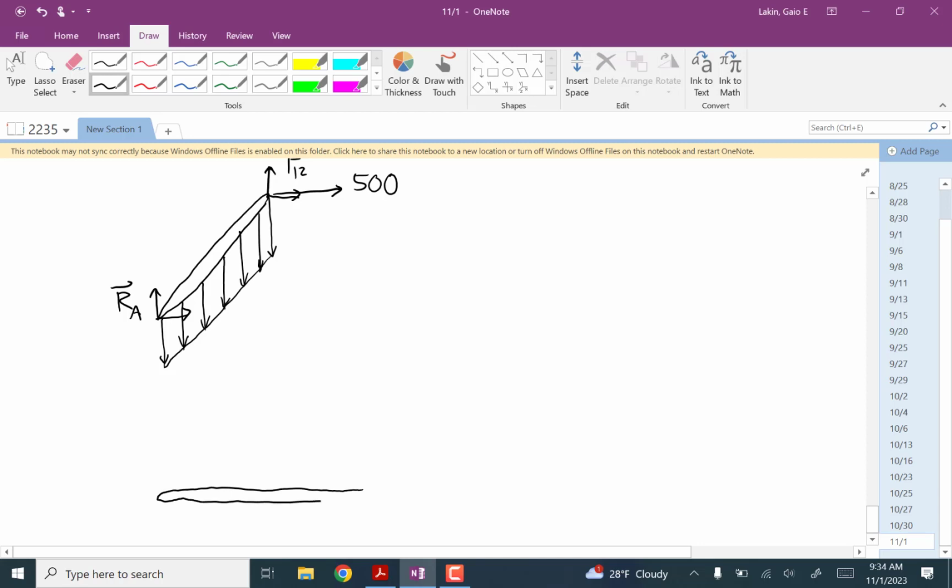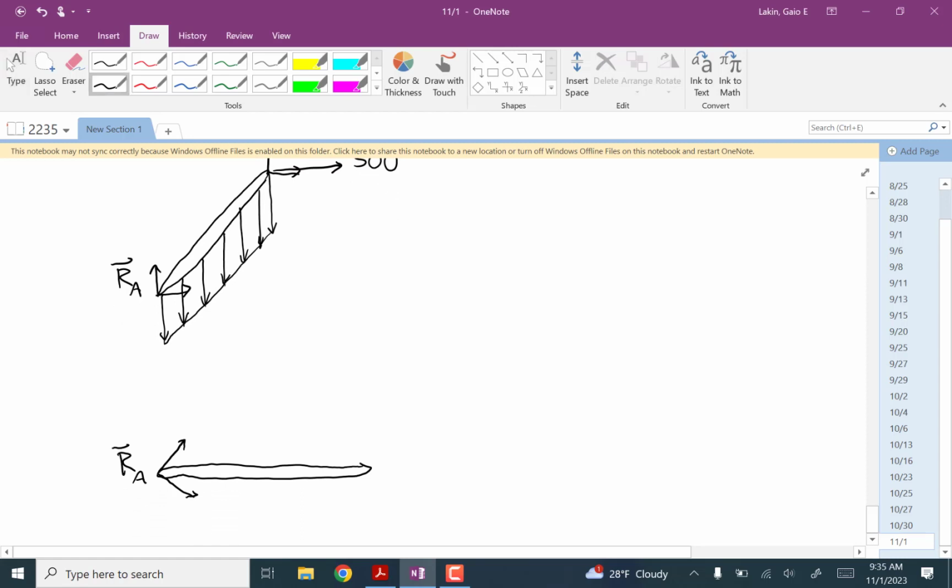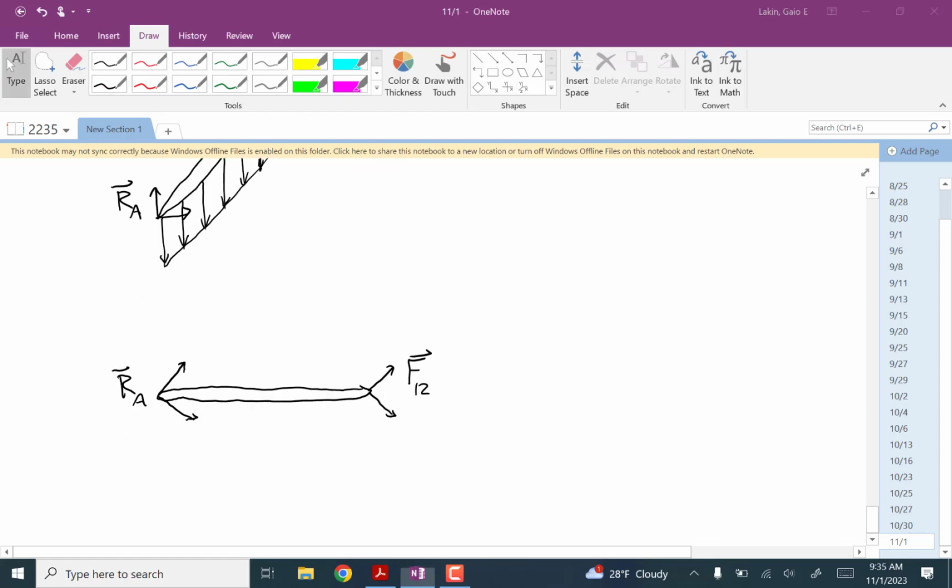So, okay, for these internal loads, now you have something like that. Something like that.